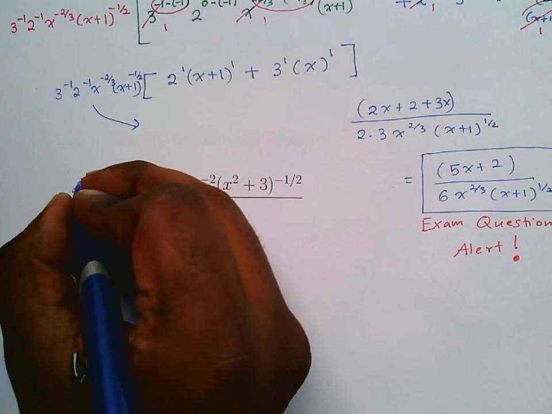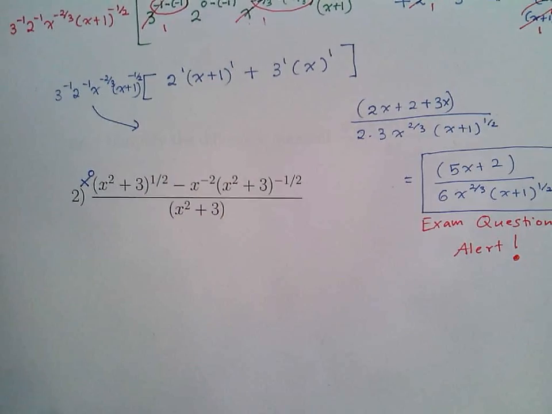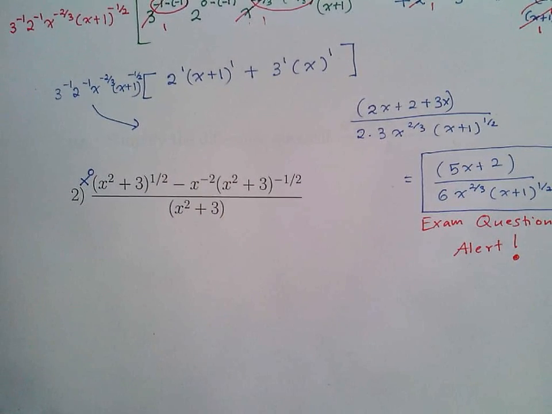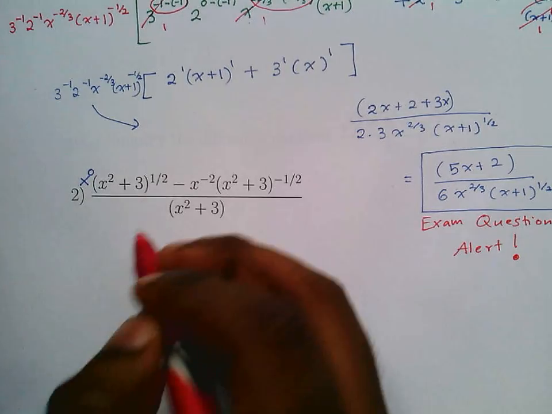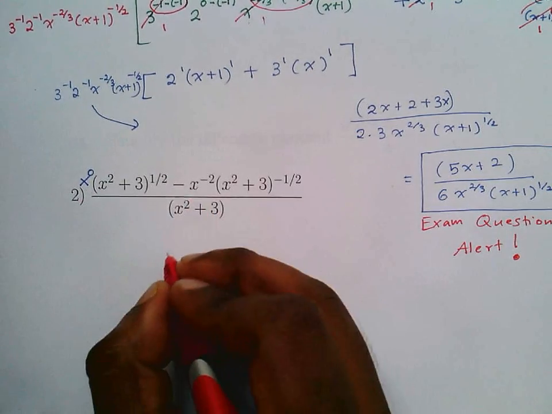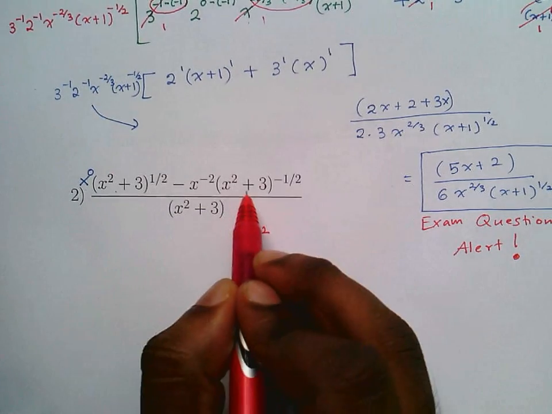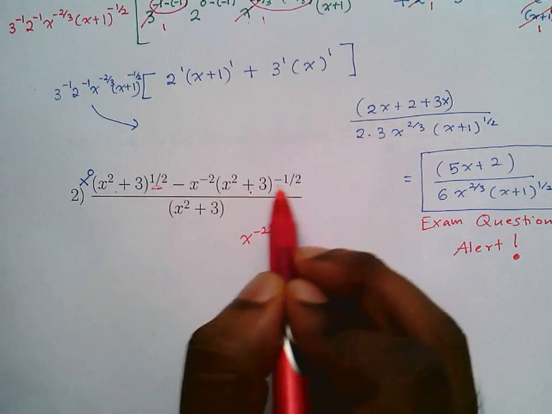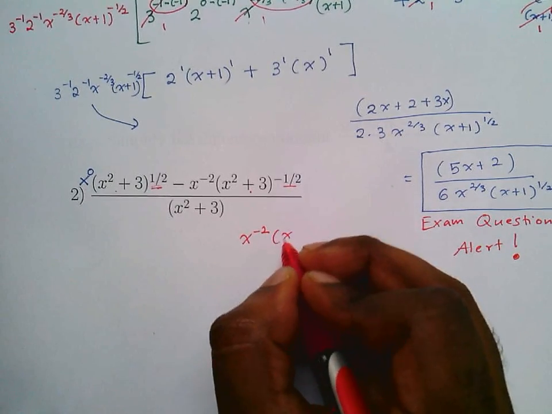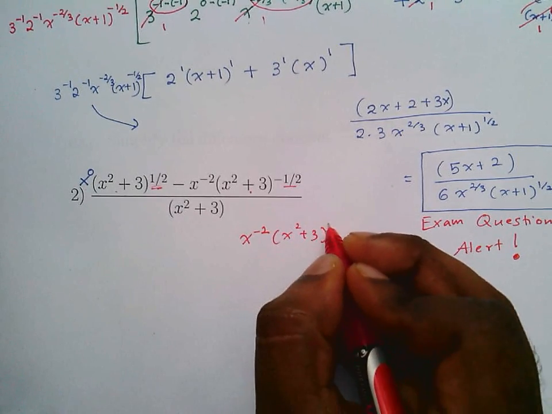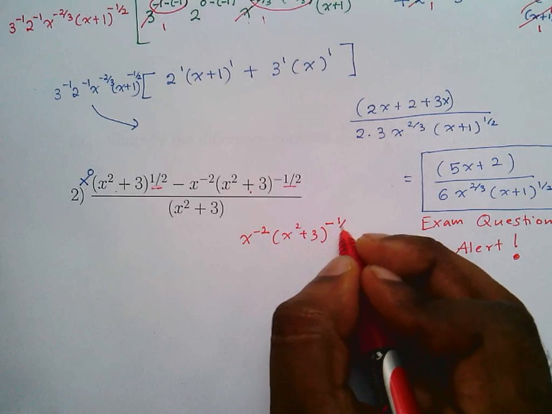So let's add the placeholder x to the power 0. That will be really helpful in this calculation. And now the least exponent out of these two would be x to the power -2, and the least exponent out of these two would be to the power -1/2. So x squared plus 3 to the power -1/2.